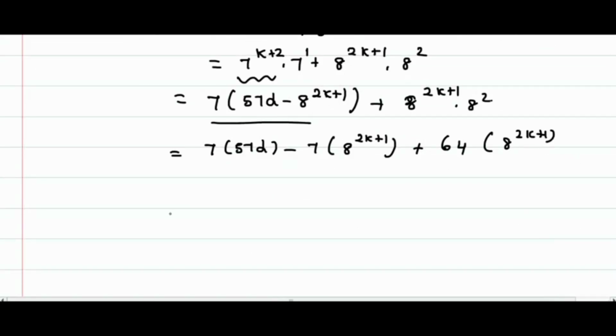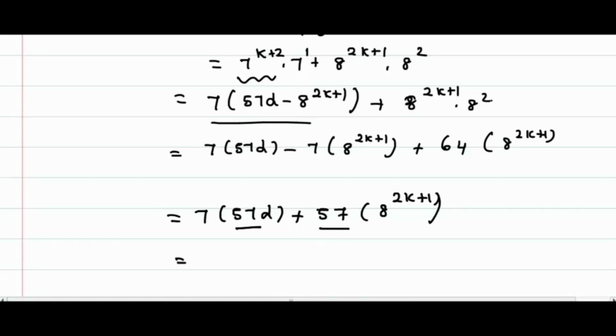So here we get 7 into 57d plus (64 minus 7) which is 57, into 8 power 2k plus 1. We need to verify whether this term is divisible by 57. Here 57 is common. Taking it outside, we get 57 into (7d plus 8 power 2k plus 1).